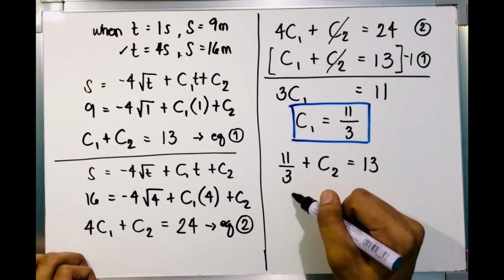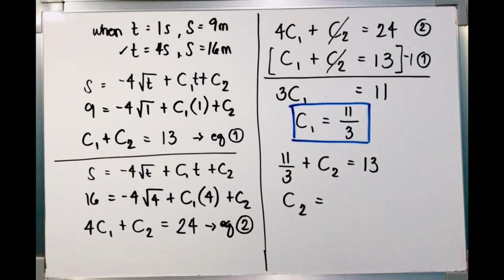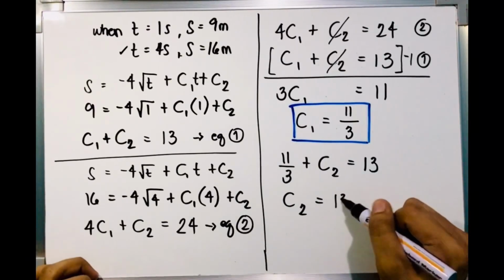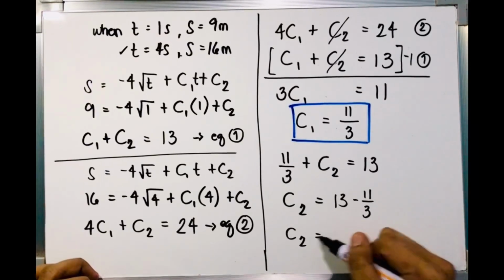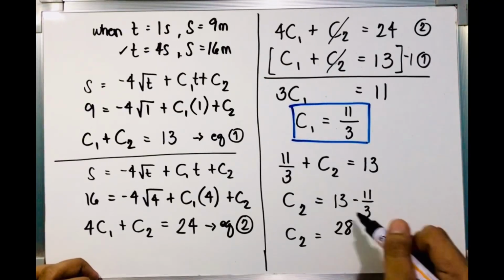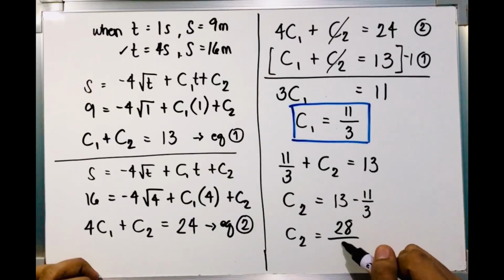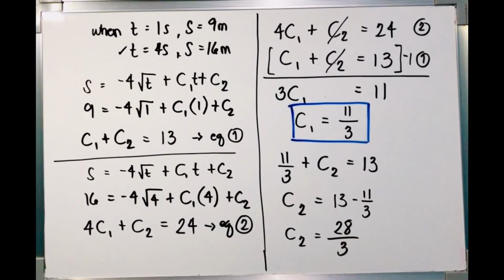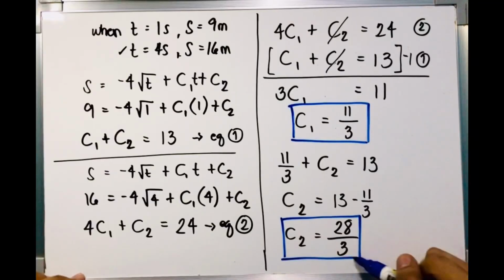So, to solve for c2, ilipat ko lang sa kabila yung 11 over 3. Ang mangyayari is magiging 13 minus 11 over 3 and my c2 is equal to 28 over 3. Okay? So, I was able to solve both c1 and c2.